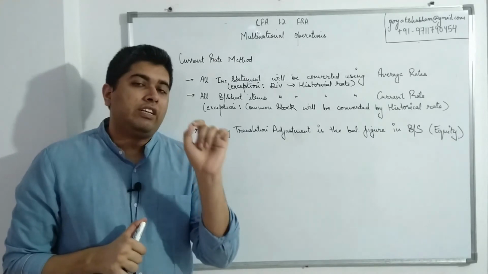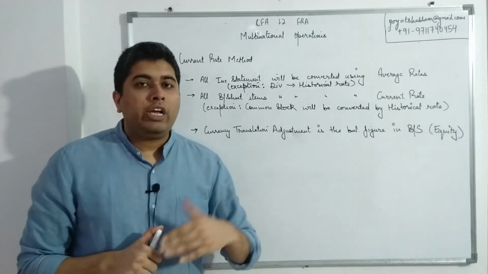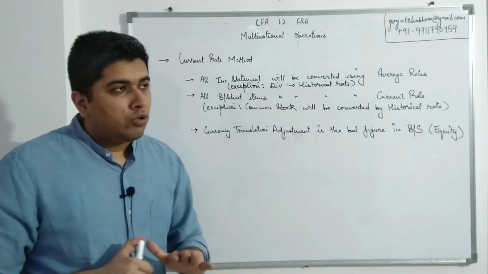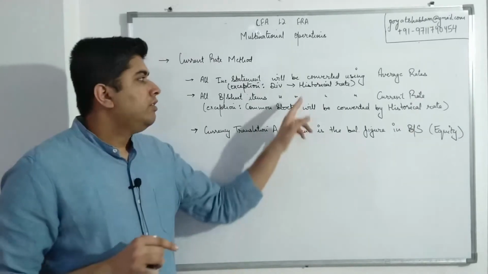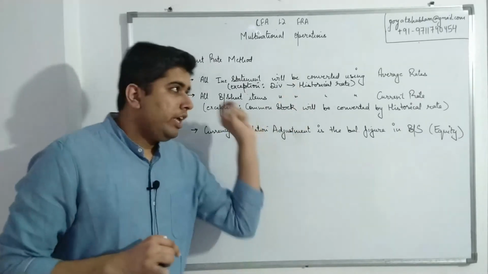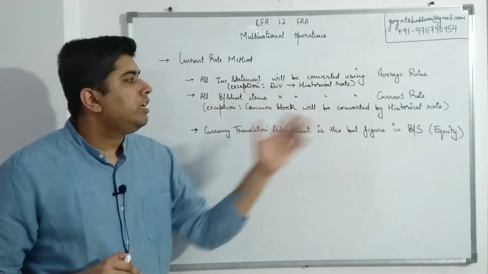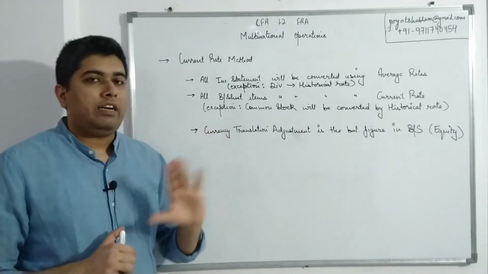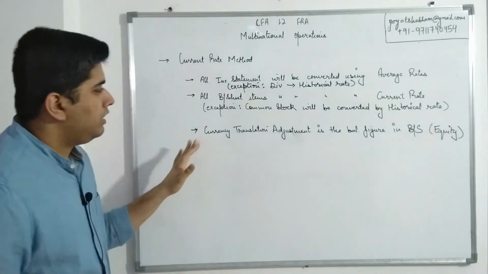Rather, we'll take the exchange rate on the date when the dividend is declared, because the moment you declare a dividend, it becomes an obligation. You have to pay it. So the day on which the obligation is established is the day we'll take here. So the income statement is on average rates except dividend, and the balance sheet is on current rate except common equity. If anything doesn't balance out in the balance sheet, we'll plug the value of currency translation adjustment.